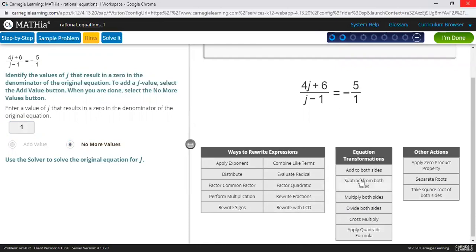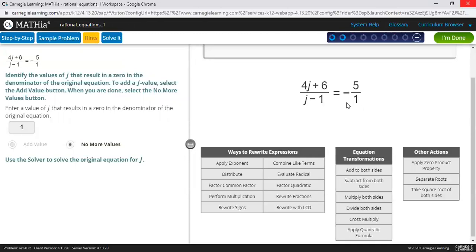You're going to have to mess around with this a little bit and get to know what each one of these actions really stands for if you don't already. And it's okay to make a mistake and keep learning, and that is why this program helps you understand what you're actually doing when you're solving these rational equations here.